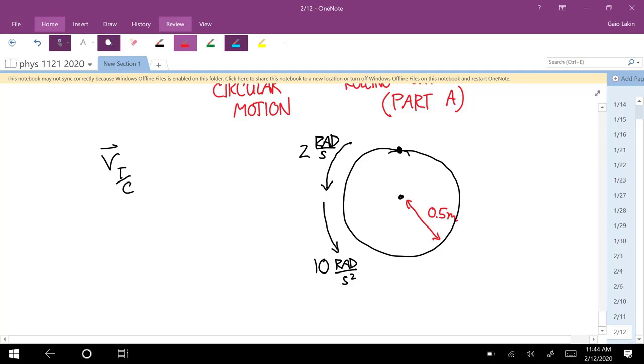Okay, what do we know about the directions of these vectors? So we're treating it like the center is still now. What's the direction of the velocity vector of that point at the top? It's to the left. It has to be tangent to that circular path.